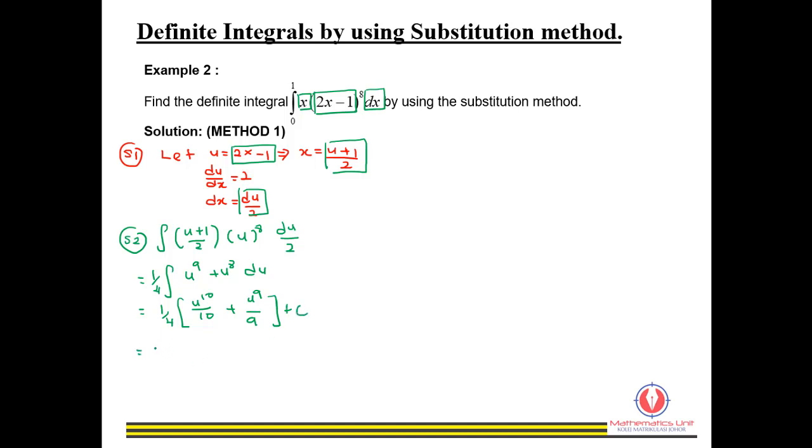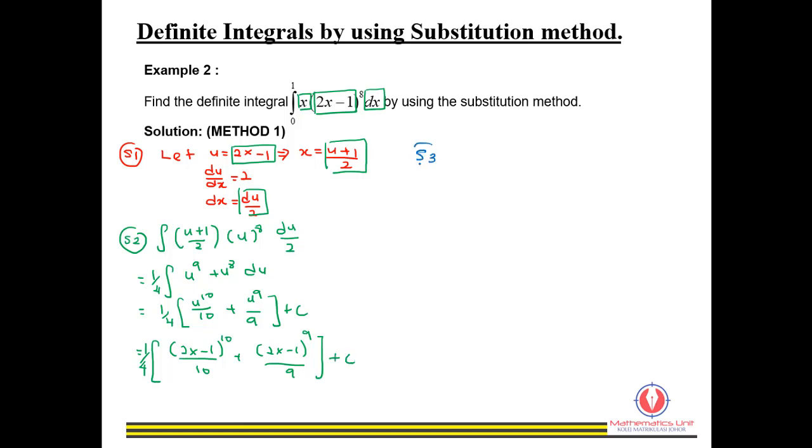Next step is we're going to substitute u in terms of x. So we'll get 1 over 4 times (2x minus 1) to the power of 10 over 10 plus (2x minus 1) to the power of 9 over 9 plus c.